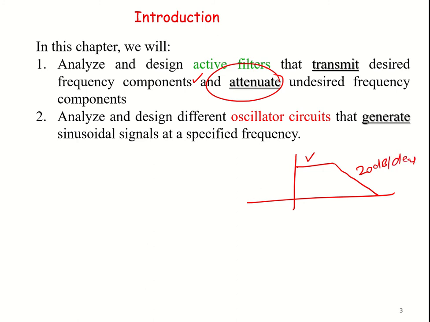We will see what their attenuation and transfer function characteristics are. The main active filters we are going to study are the Butterworth filters, Chebyshev filters, and different other kinds of filters. We will see each in more detail in the coming slides.